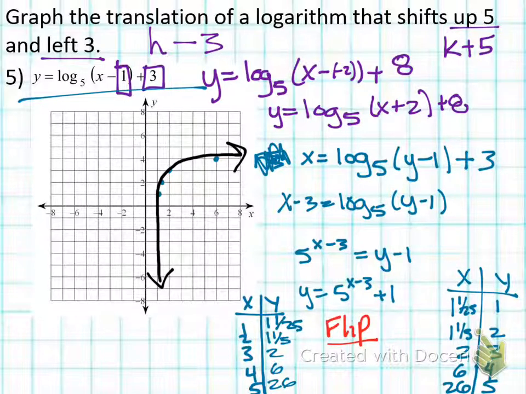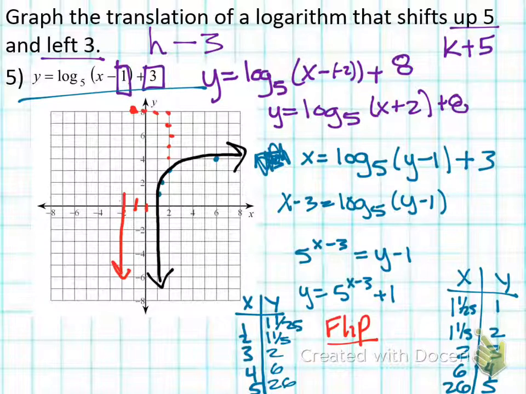Okay, then I want to translate this graph. I want to shift it up 5 and to the left 3, so I can pick any point. Let's say I pick the point 2, 3, and I want to move that up 5 units and to the left 3. That's my new point. And then I can also look at the vertical asymptote. If I'm shifting the whole graph to the left 3, this asymptote is going to go over 1, 2, 3 units.